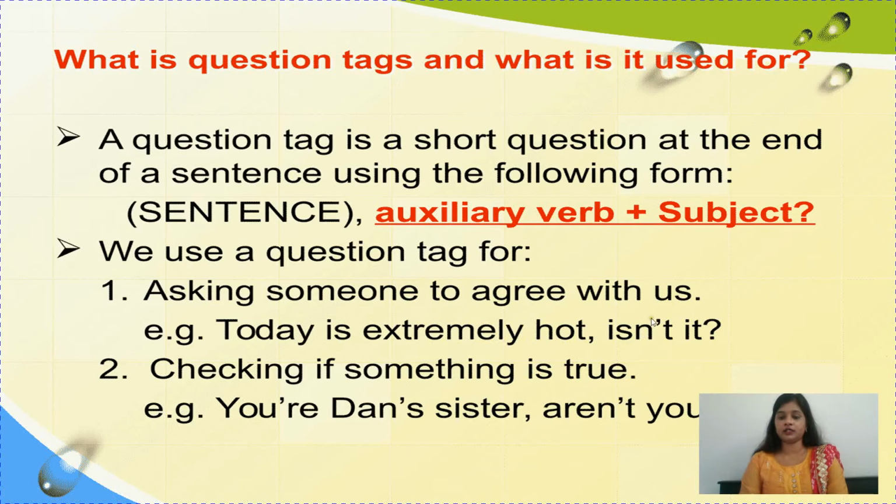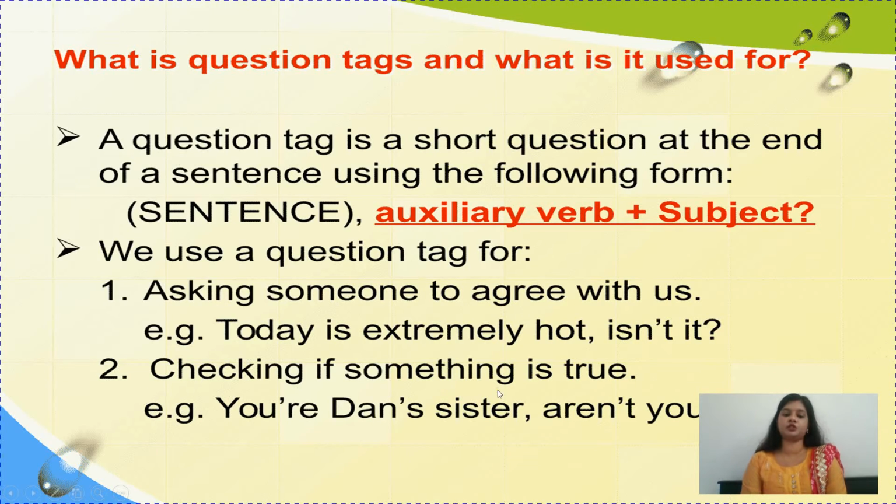So we will write auxiliary verb plus not. So isn't, and we have used contraction here. Contraction of is not is isn't. So isn't it, and here it is the subject. Fine. So whenever we are writing a positive sentence, auxiliary verb in the question tag will be in negative form.